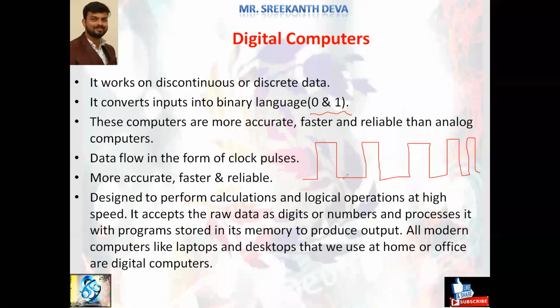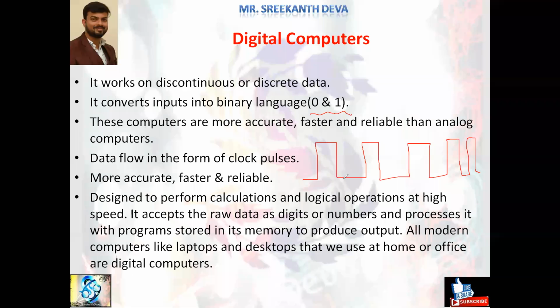Digital computers are more accurate, faster and reliable. They are designed to perform calculations and logical operations at high speed. They accept raw data as input. It may be numbers, digits, symbols, images, audio, video, or any kind of instruction we pass through the input.